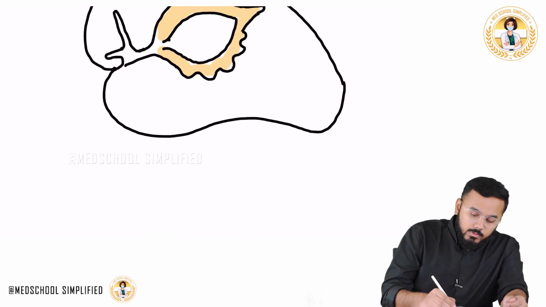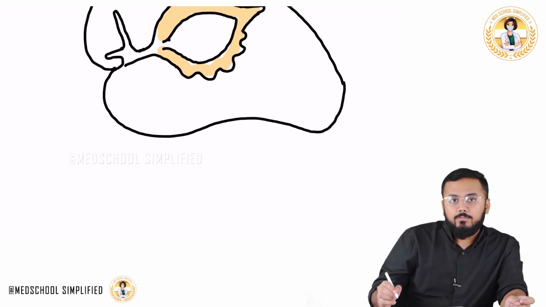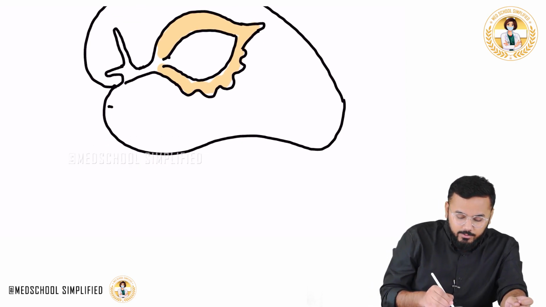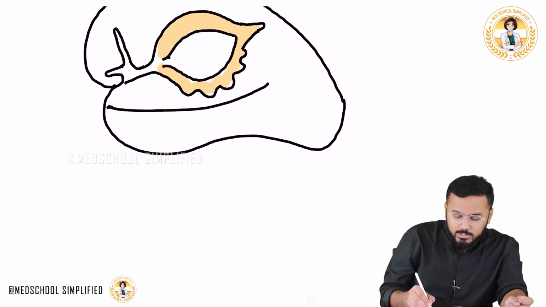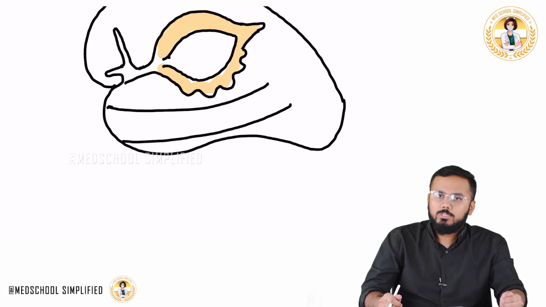Now, another important thing you need to understand here is that in this supralateral surface we have one very important structure here, and here also we have a very important structure. So we have two important structures over here. What are these two important structures?